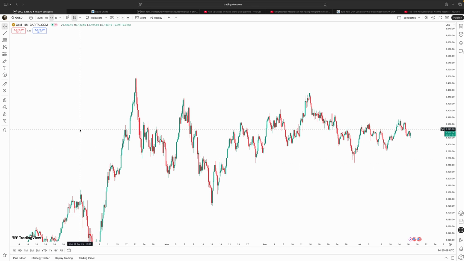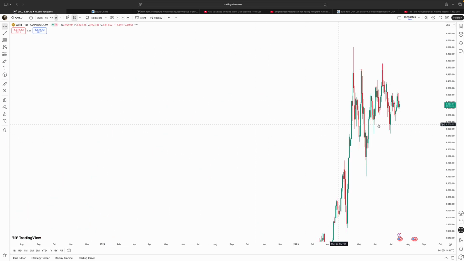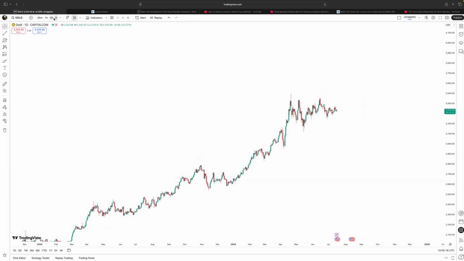Okay, so I'm going to start with the 4-hour time frame. As a matter of fact, let me start with the daily time frame because I'm going to start using my lines, all right? And I need to mark it first so I can show you guys what I'm talking about.